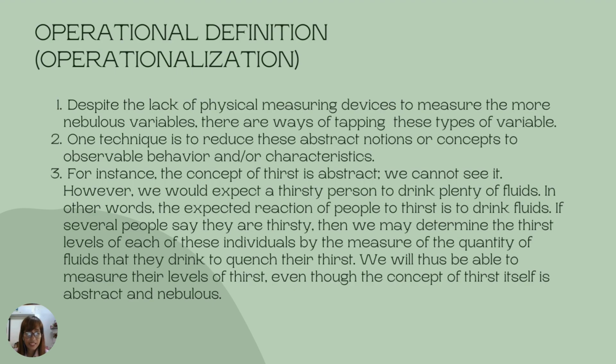In other words, the expected reaction of people to thirst is to drink fluids. If several people say they are thirsty, then we may determine the level of thirst of each of these individuals by measuring the quantity of fluids that they drink to quench their thirst. We will thus be able to measure their level of thirst, even though the concept of thirst itself is abstract and nebulous.